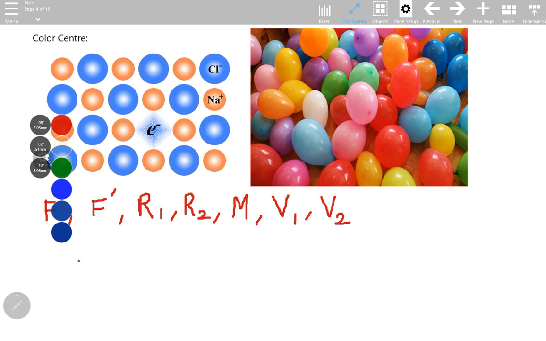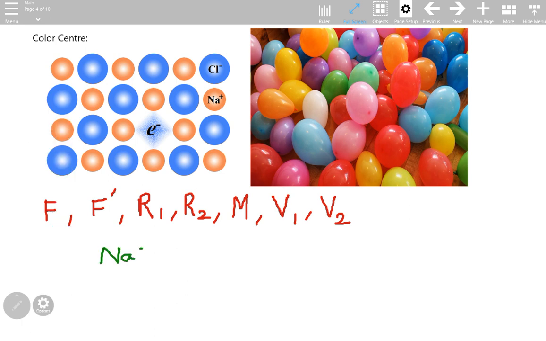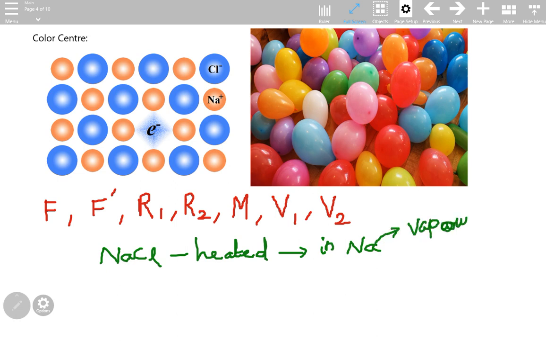This will happen when NaCl is heated in a sodium atmosphere. Sodium is a metal. If you convert this to a vapor, and heat a NaCl crystal in this vapor, it will produce this F center.